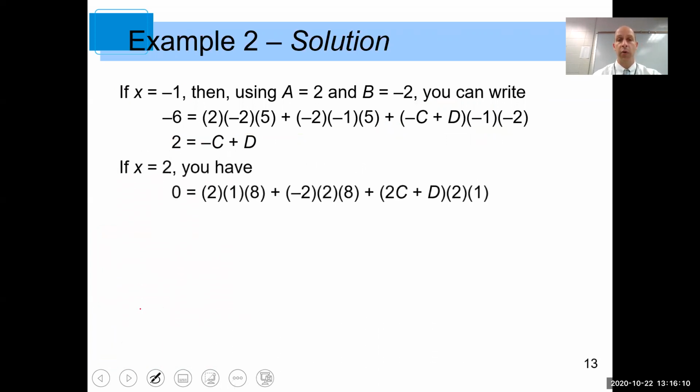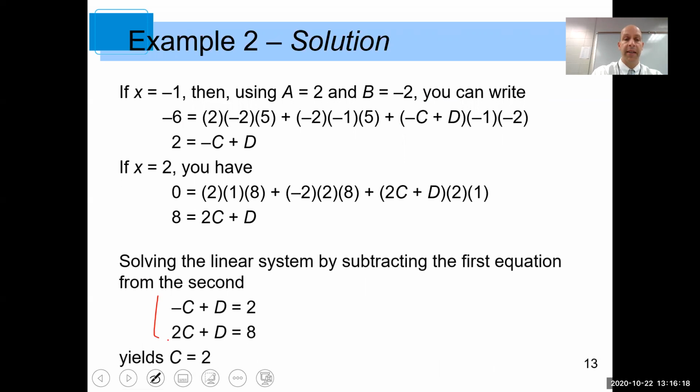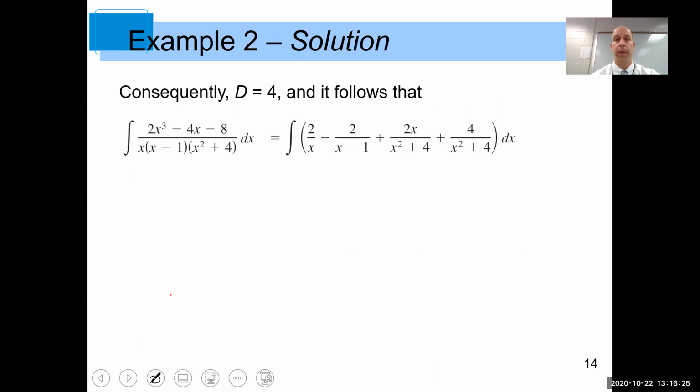If I let x equal 2, when I clean it up, I get 8 equals 2c plus d. So now we have a system of linear equations, a fairly simple one that we can solve. It turns out that c will end up being 2, d will be 4. In other words, this monstrosity of an integral will become the following.